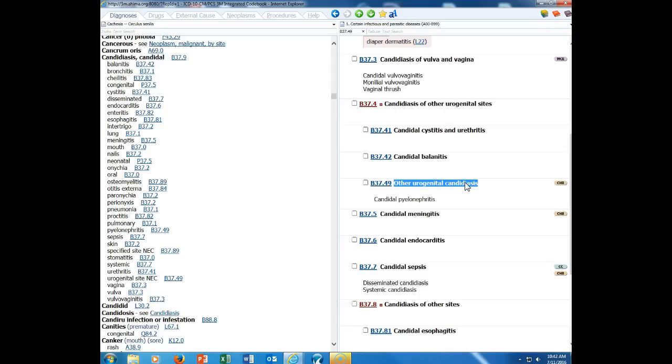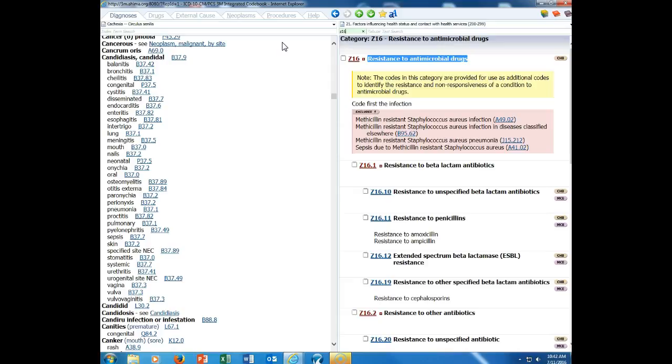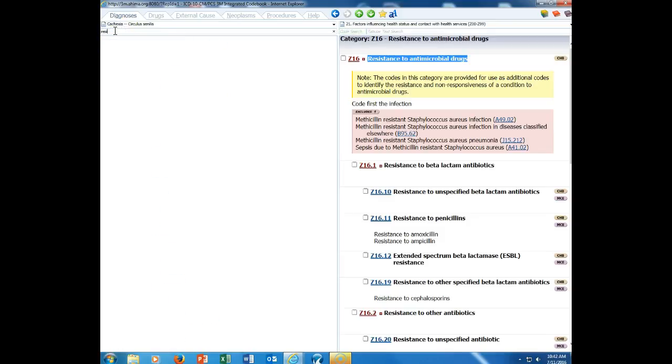There are also organisms that are resistant to antibiotics, and these have a code in category Z16. These are from the factors influencing health status, and this is a specific category of resistant to antimicrobial drugs.